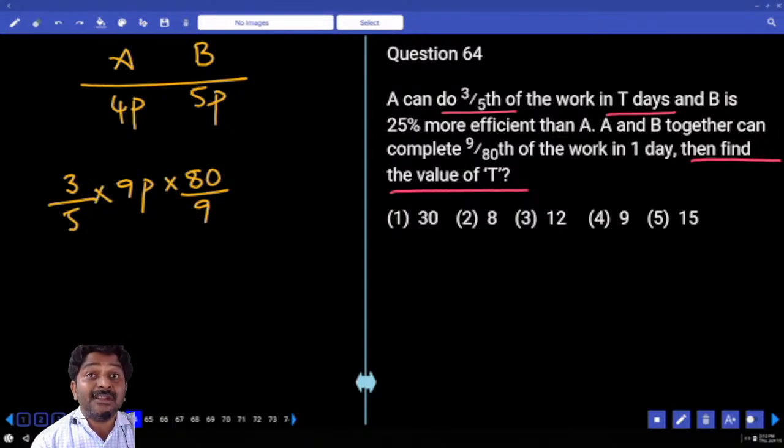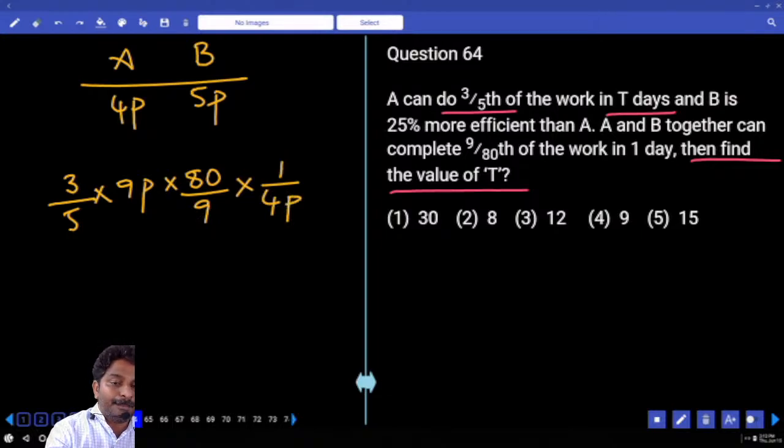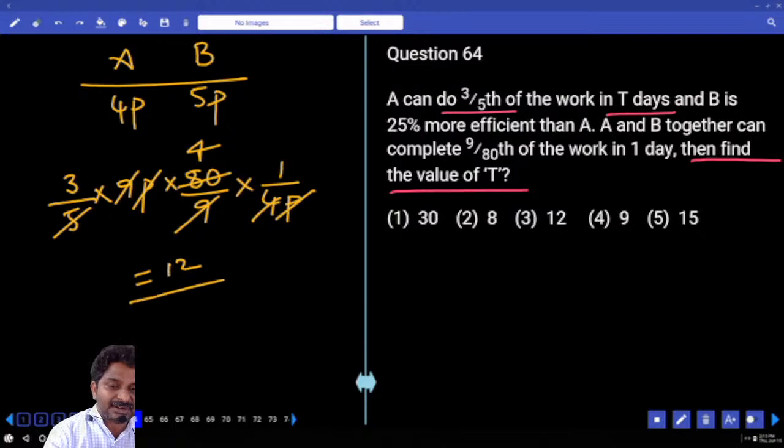Who should complete? A. A does how many parts of work? 4 parts. Divided by 4 parts. Done. P gets cancelled. 9 gets cancelled. 4 into 5, 20. 24 times here. Answer 12 days.